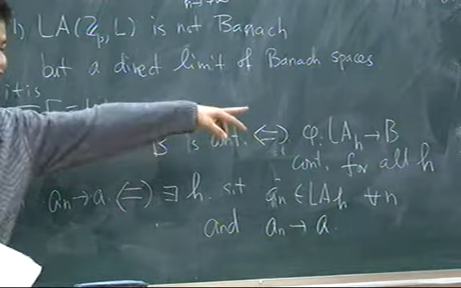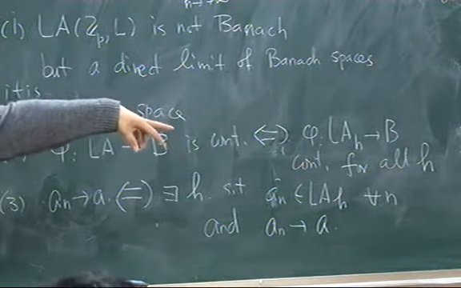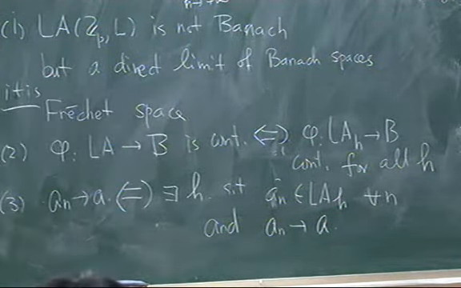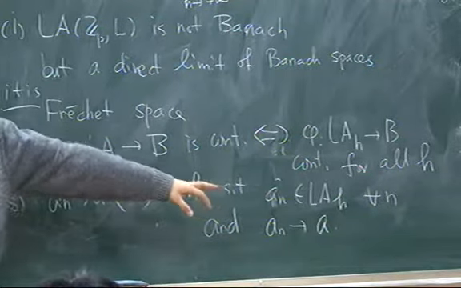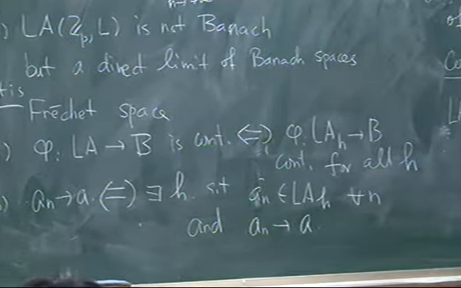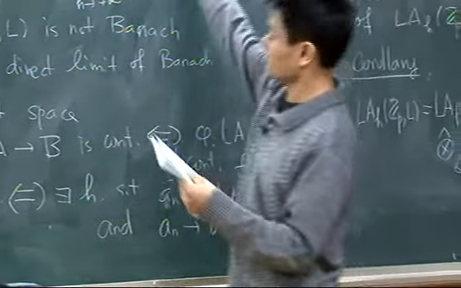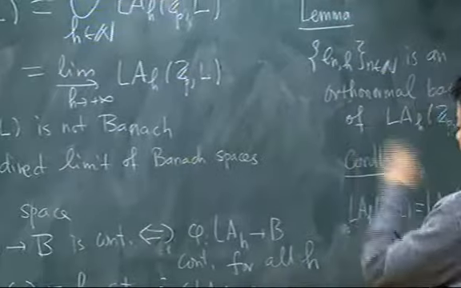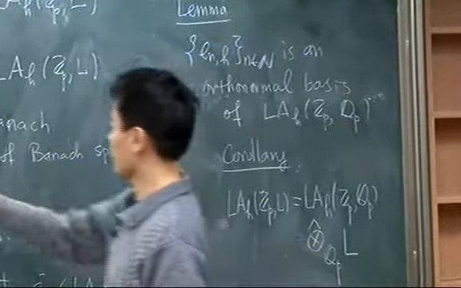What is a continuous function? It just means the restriction is continuous. The convergence is just the convergence in some level. Okay, because these are included in each other, we can talk about this. So this is LA.